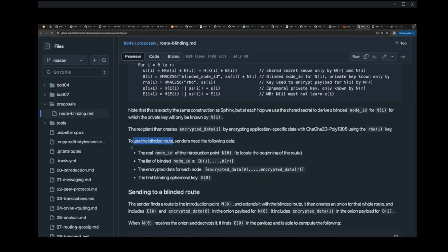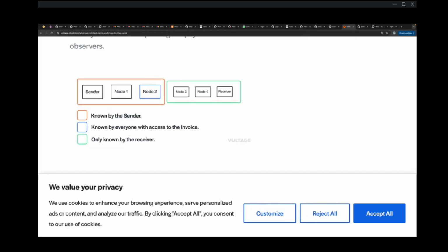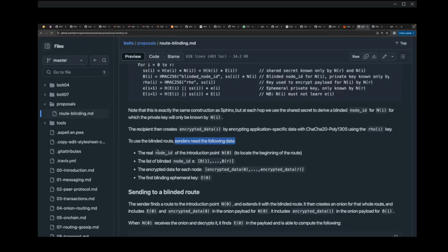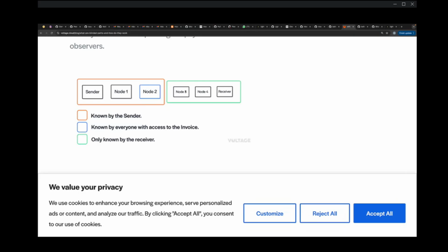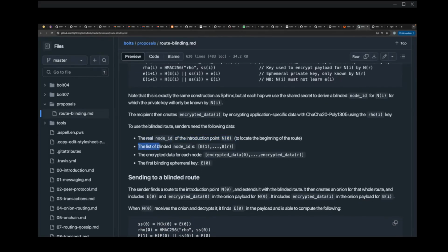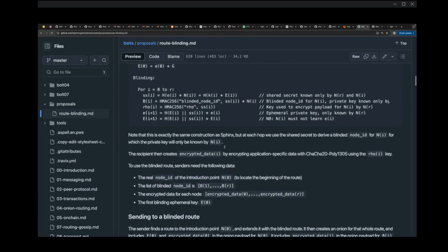Okay, so to use the blinded route, senders need the following data. The sender, which is paying the invoice, would need the real node ID of the introductory point. In our case, it is node 3. The list of blinded node IDs, which are derived using the process that we have just described. And this is not the real identity.